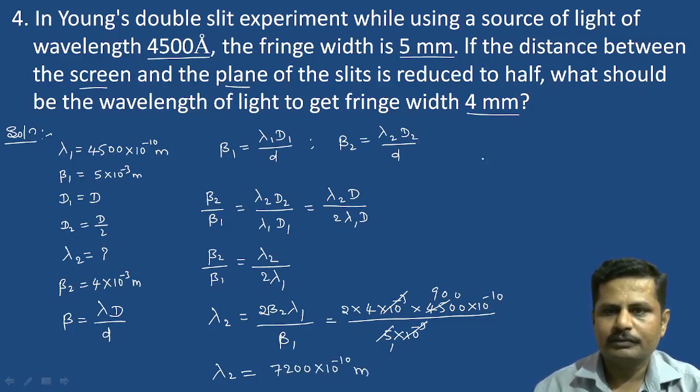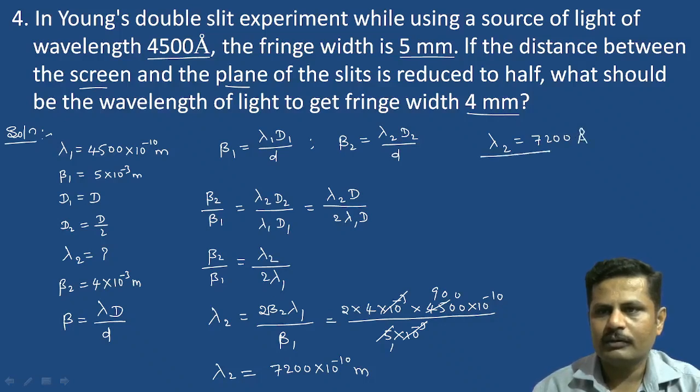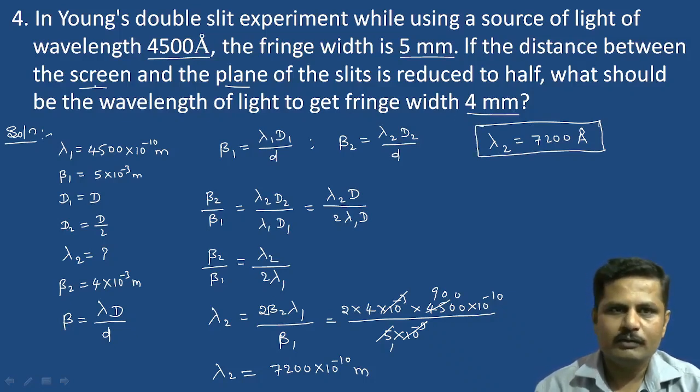So lambda 2 equals 7200 angstrom. This is the wavelength of the light used to get a fringe width of 4 millimeter when the distance between the screen and the plane of the slit is reduced to half.